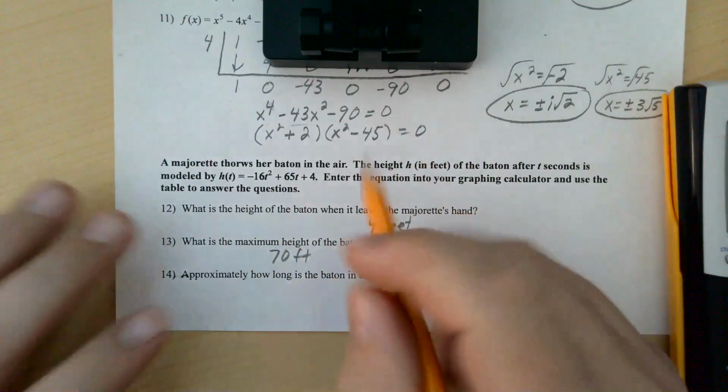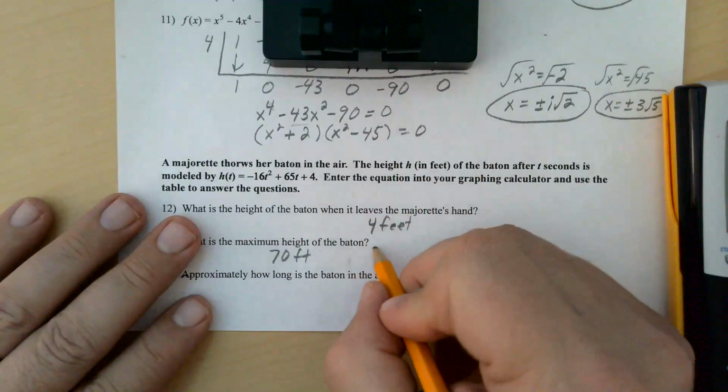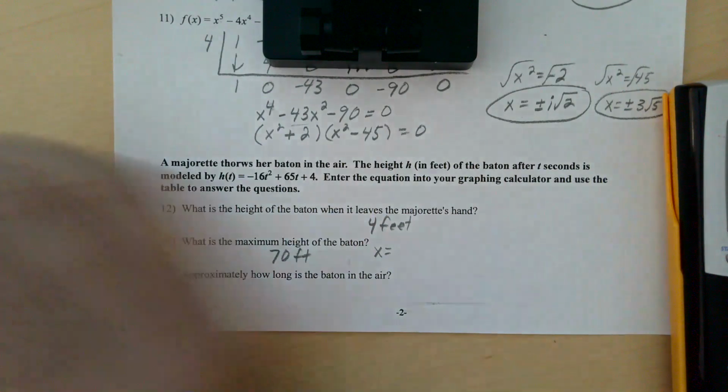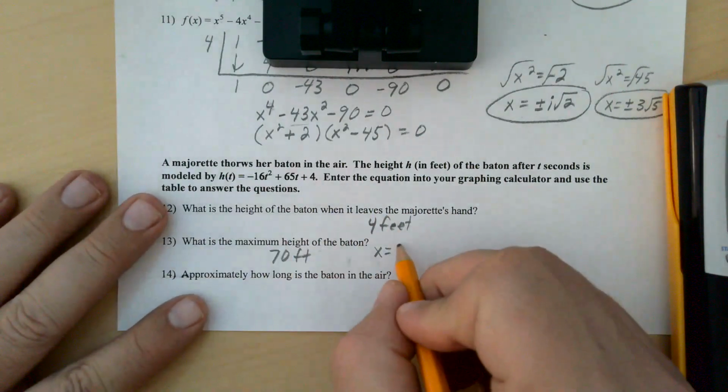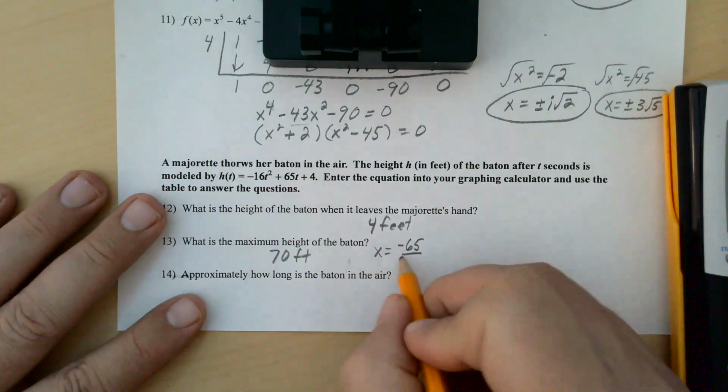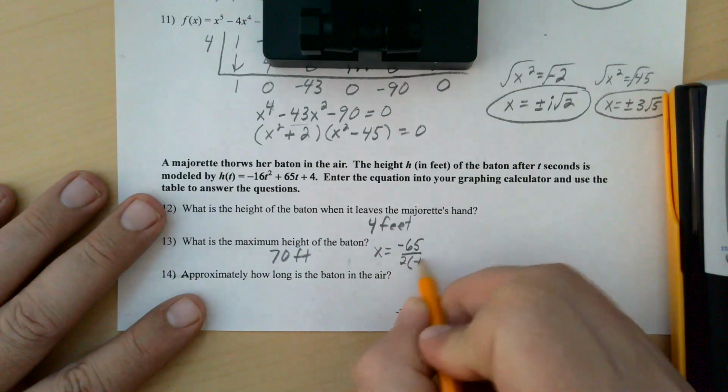Because if you remember, let's see if anyone remembers this, the actual line of symmetry is the opposite of b over 2a. So if I look at this rule and I see b is 65, I do the opposite of 65 over 2 times my a.